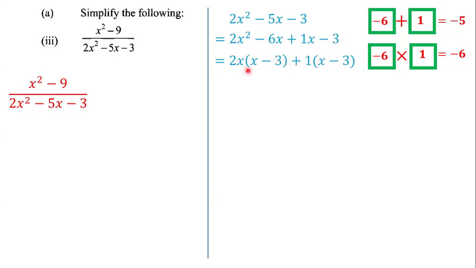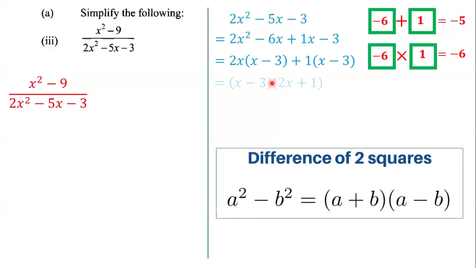And if you look at this term, x minus 3 is a factor. And if you look at this term, we have x minus 3. So x minus 3 is a common factor, and so we can factor out the x minus 3. If we factor out the x minus 3, we are left with 2x plus 1. So we have x minus 3 multiplied by 2x plus 1.